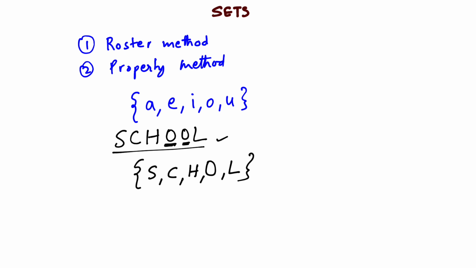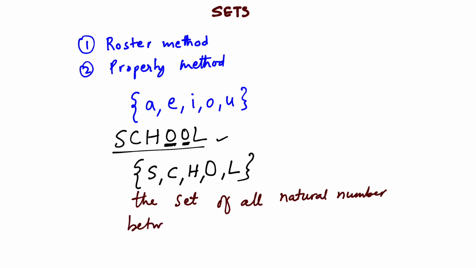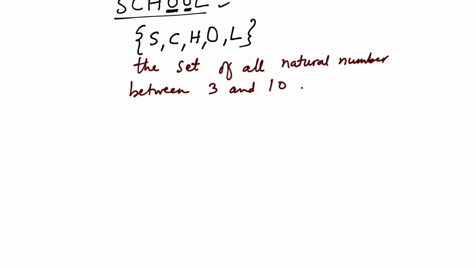Let's take one more example. The set of all natural numbers between 3 and 10. To write it in roster form, we just have to write all the members.